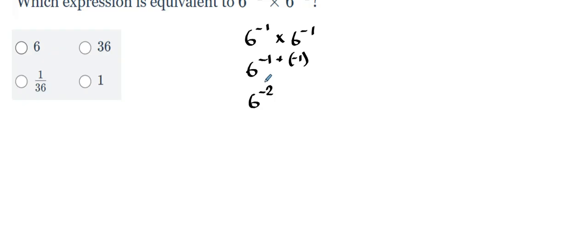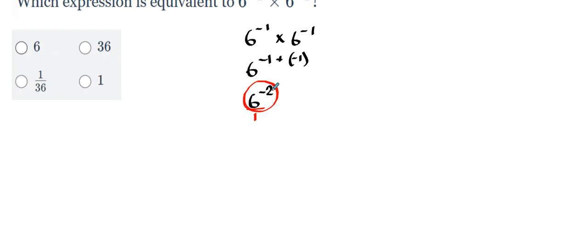And now I'm going to introduce the idea that when you're dealing with negative exponents, you can change that exponent from a negative to a positive by moving this 6 and this negative 2 from the top of a fraction, because that's where it's located, to the bottom, or the denominator.